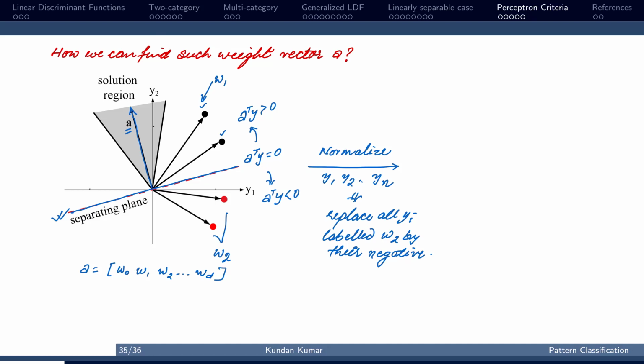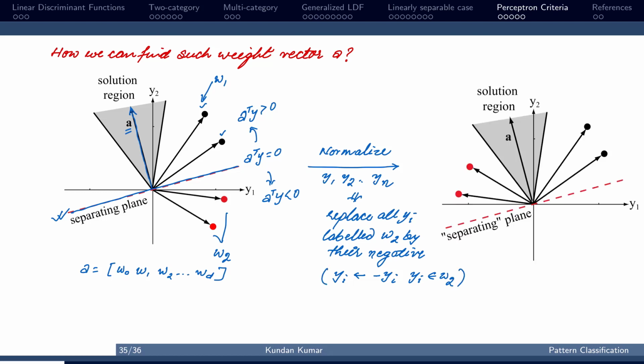Okay, that means yi will be replaced with minus yi, and only for those data samples which belong to class omega 2. So what will happen when we normalize the data sample from class 2? Whatever the sample was here, now it is moved to here.